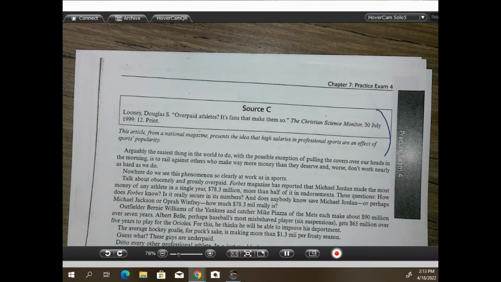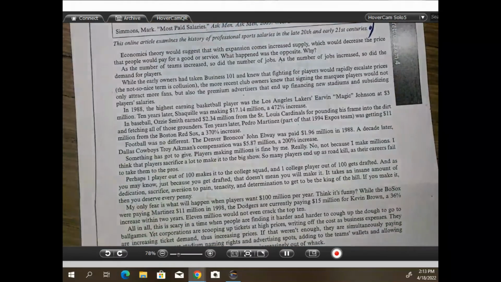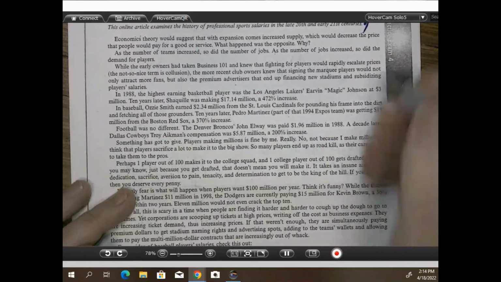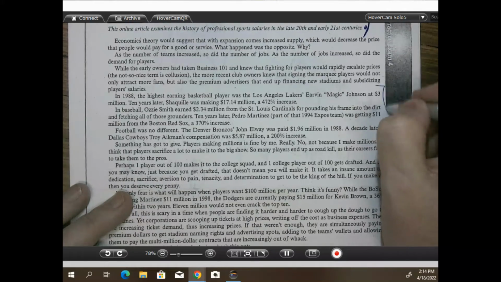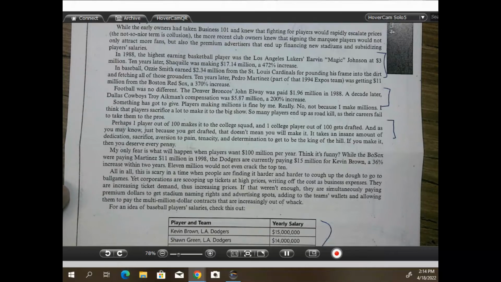Make sense? So the two sources I would start with, I would start with reading A. Why would I start by reading A? I am not only seeing a table, but I am seeing a lot of numbers in here. And what do I know about numbers? Numbers make nice evidence.